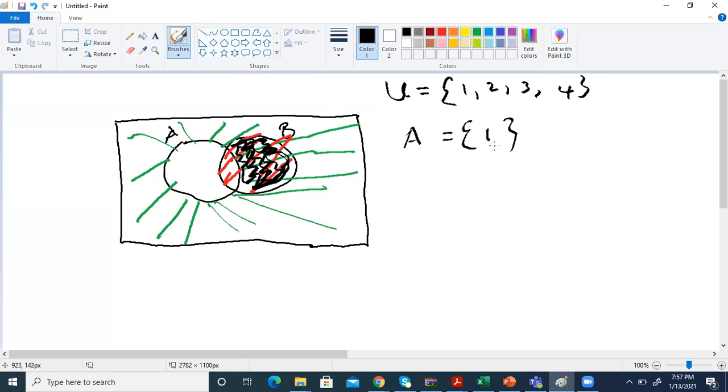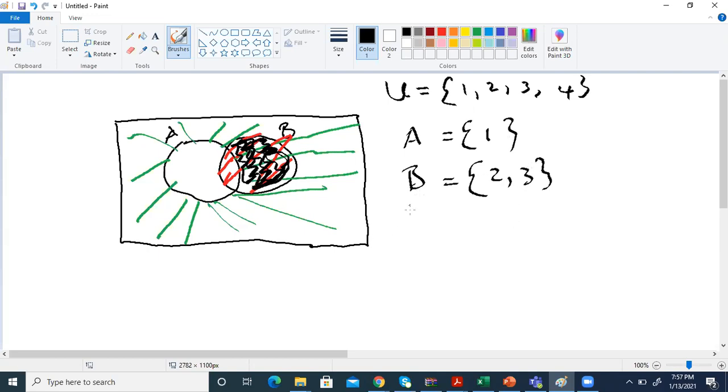So A contains just one element, which is 1. And then B, for example, contains, let's say, 2 and 3. All right.